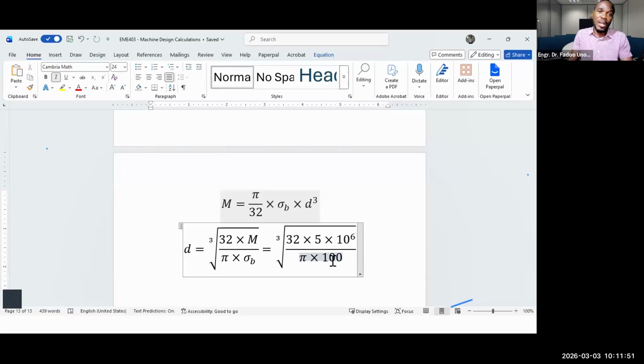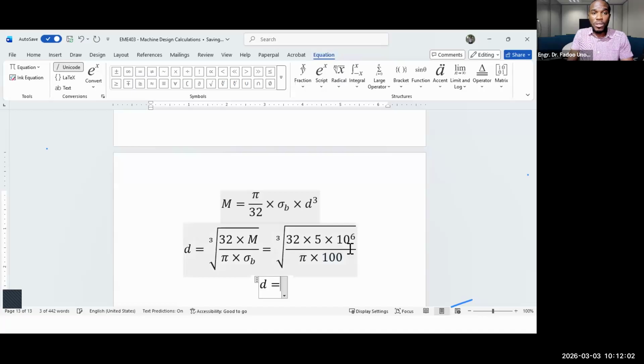So newton we cancel, and you'll be left with millimeter cubed, and all of that will leave your value in millimeters. So I expect that somebody should have punched their calculator to tell us what D will be.